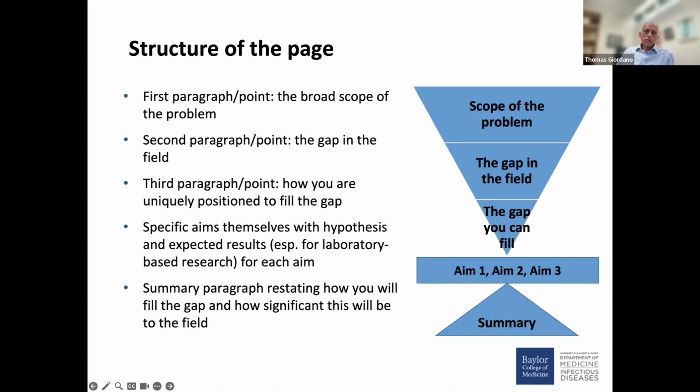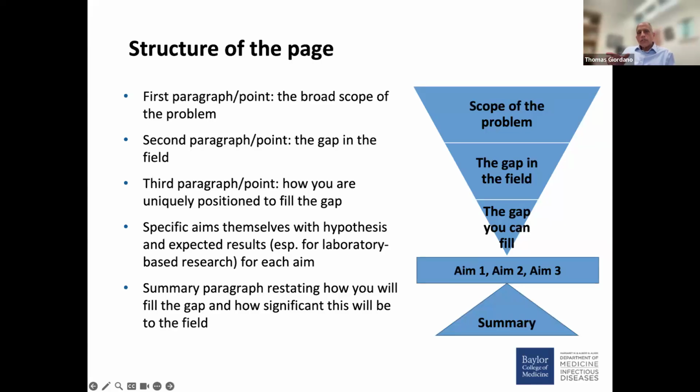What is it that you're trying to address? Diabetes is poorly controlled in a lot of people. HIV is a big problem, and we need more strategies to diagnose it. Usually the big problem is not something that there's a lot of controversy around. You just got to make the point that it's a big problem.